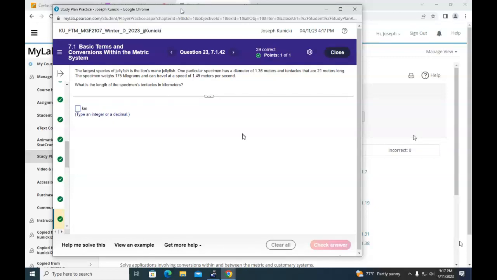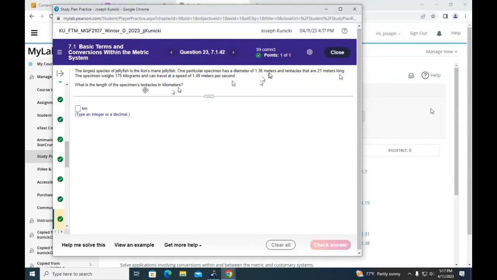So they give some particulars about measurements of a species of jellyfish: its diameter, its tentacle length, its weight, and its travel speed. So what's the length of the specimen's tentacles in kilometers? Well, right now, they gave it to us in meters per second. Oh, I'm sorry, length. They gave it to us in meters.